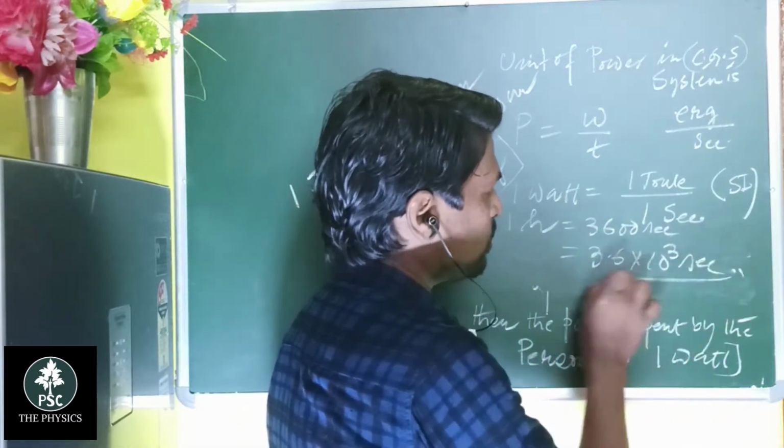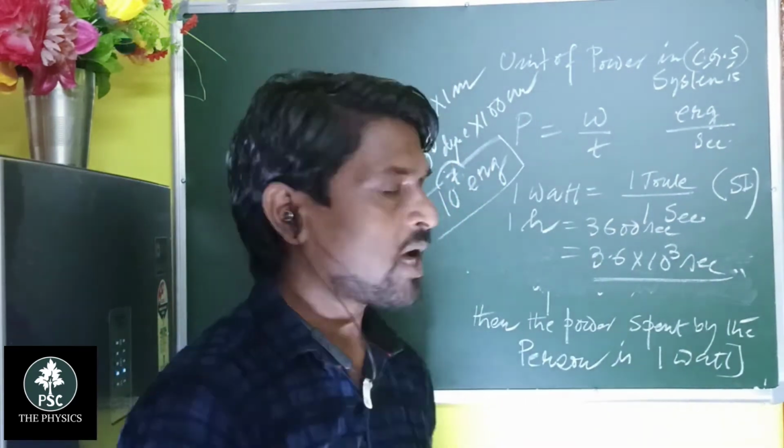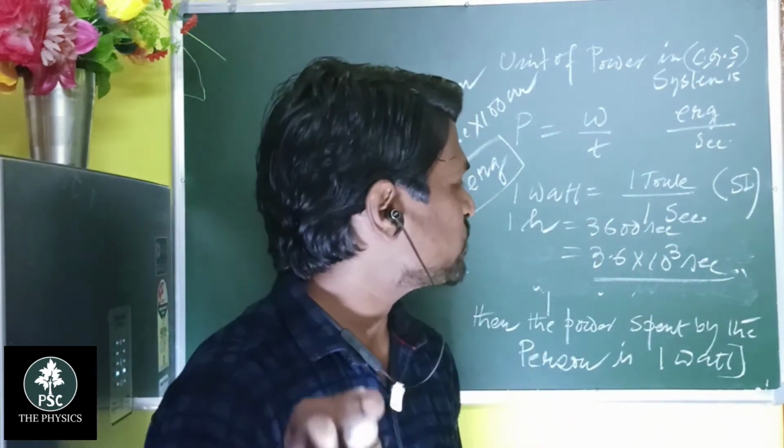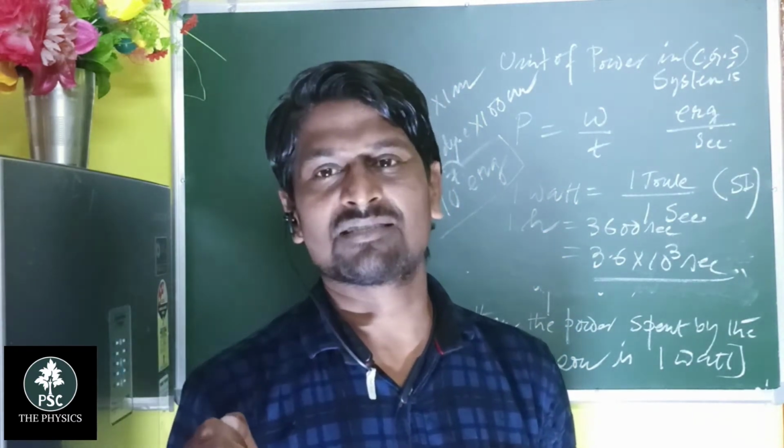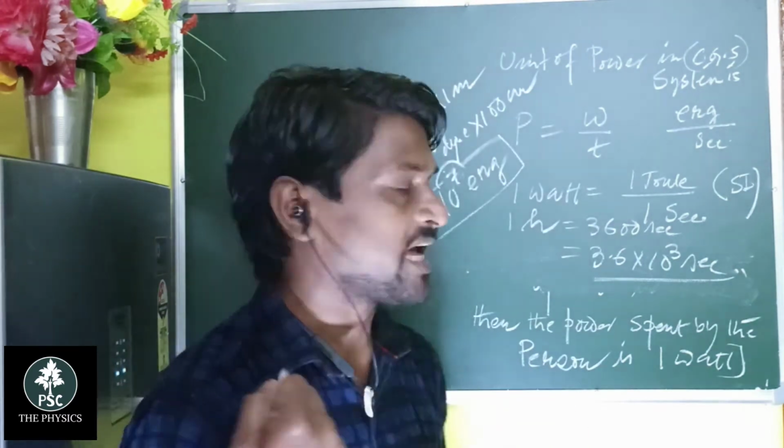So you say to your driver that you have to come in 3.6 into 10 to the power 3 seconds, because today's class ends at that time.